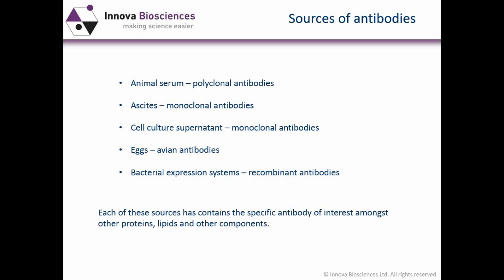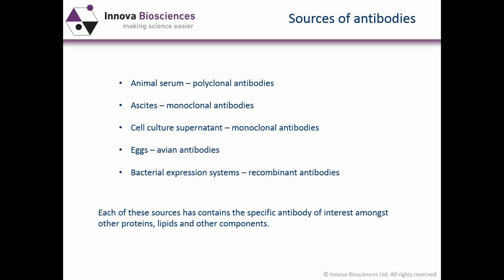Other common sources of antibodies, and becoming increasingly common, are eggs for the avian antibodies, particularly chicken, IgY, which is becoming increasingly popular, and also a number of bacterial expression systems as recombinant antibodies become more common in use around the world.